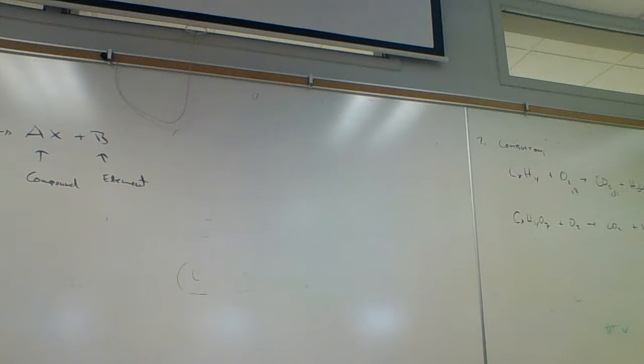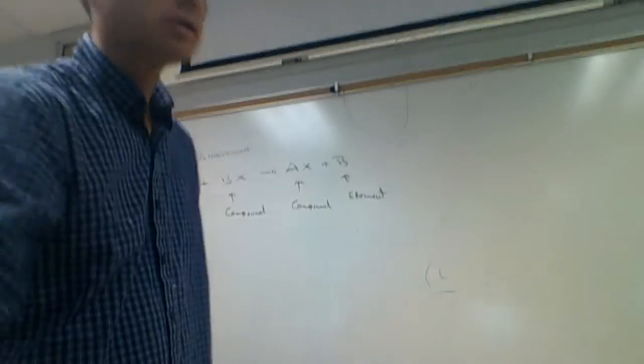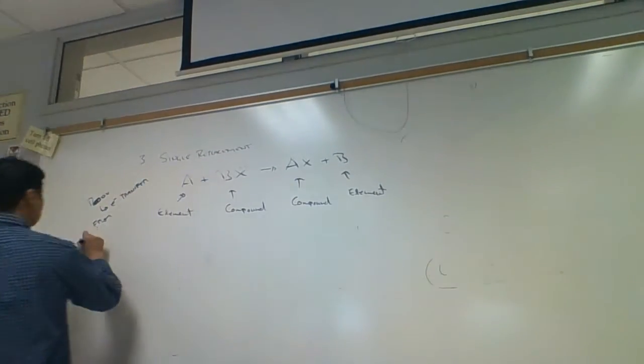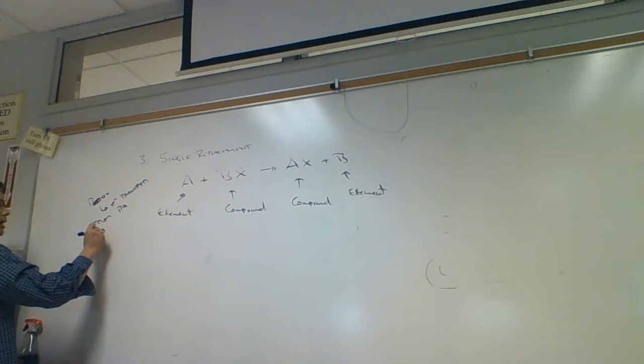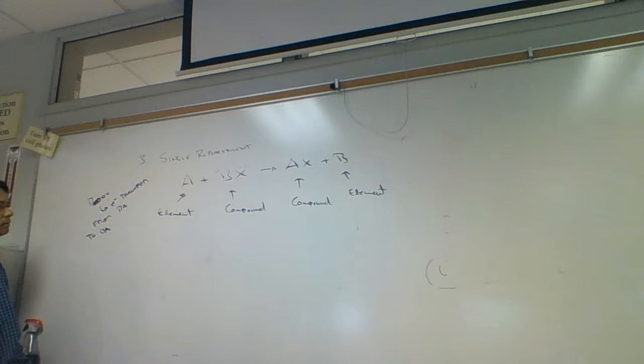Redox reactions, I'm going to start talking about some of the jargon that redox will use. In redox, we have electron transfer from what we call the reducing agent to the oxidizing agent. RA stands for reducing agent, OA stands for the oxidizing agent.